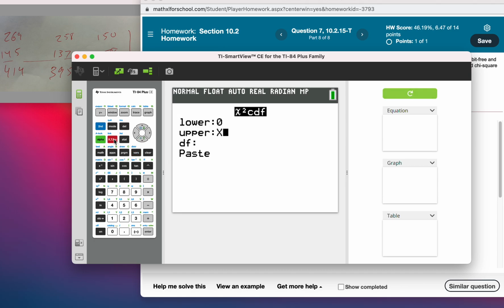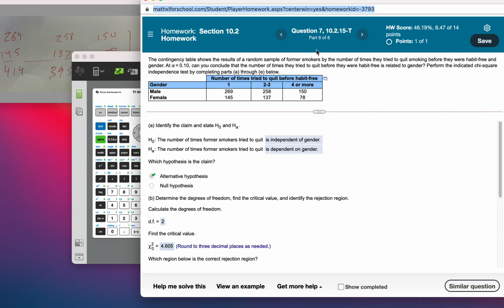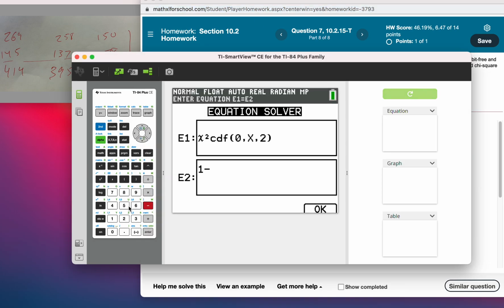Our upper, we go x. There's a number of different ways to do this, but this is how we did it with all those other problems, and I just thought we'd keep it the same. So this is rows minus 1 times columns minus 1. So 2 times 1 is 2. Paste. And then here, just like in the last section, we're just going to do 1 minus alpha. Okay, 0.1.